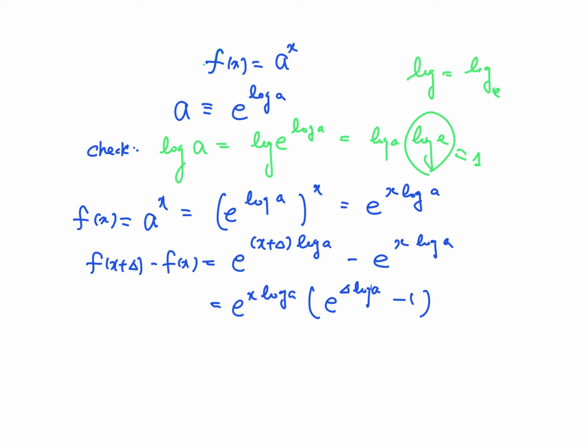Of course, we know that (1 plus delta) to the 1 over delta is e, right? But actually, we can also extend this: (1 plus delta alpha) to the 1 over delta alpha is also e, when delta alpha goes to 0.